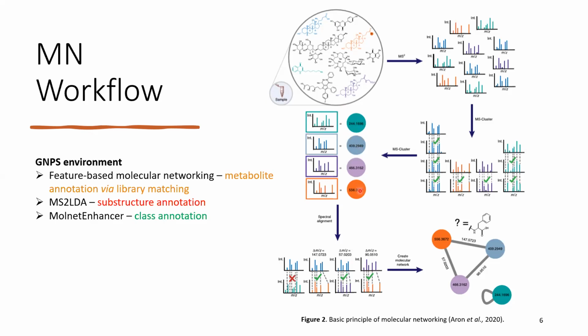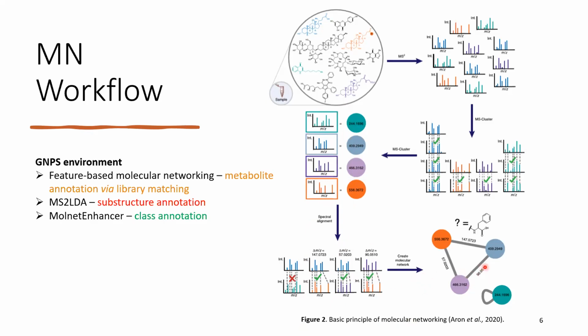And this is being followed by spectral alignment, which compares the spectra based on their spectral similarity, which is usually measured using cosine scores. So how cosine scores work is that the higher the cosine score, the higher the similarity between the spectra, and the lower the cosine score, the lower the similarity between the spectra.